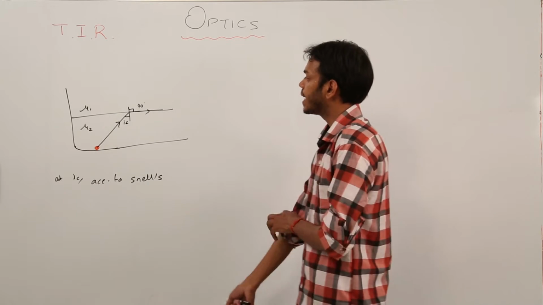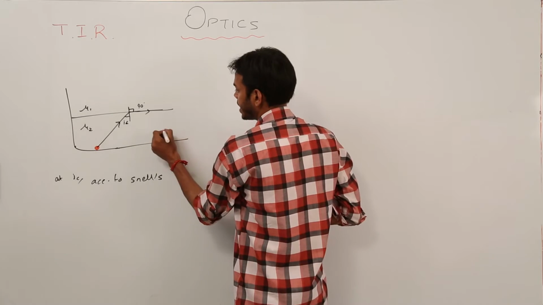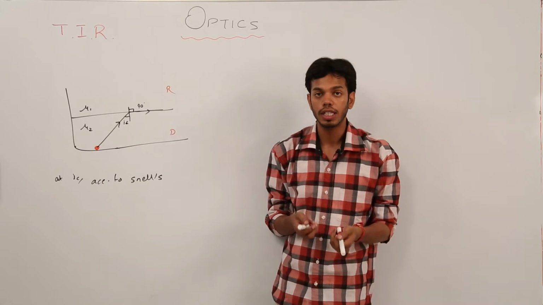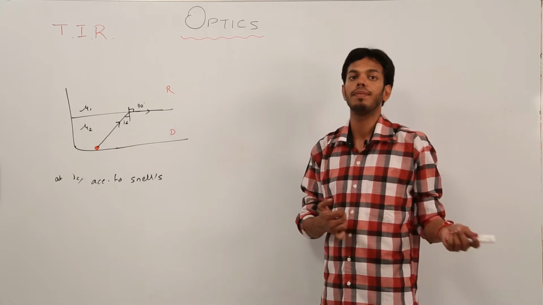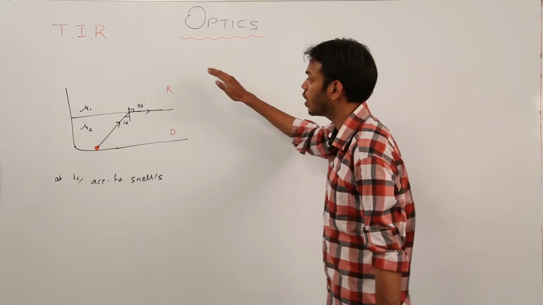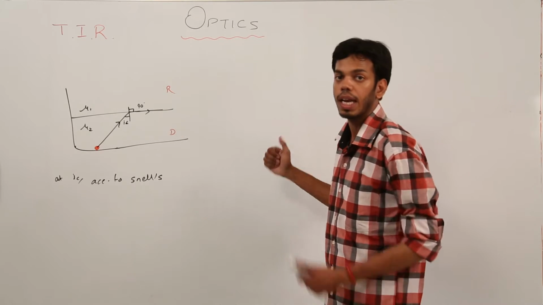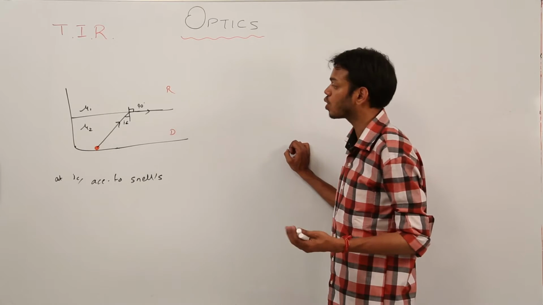Number one, the ray must be traveling from denser to rarer medium. If the ray is traveling from rarer to denser medium, there is going to be refraction, which you have done in prisms and glass slabs. But if the ray is traveling from denser to rarer, the refracted ray shifts away from the normal, and in that process there comes a point where it goes exactly along the surface, which is called the critical angle.